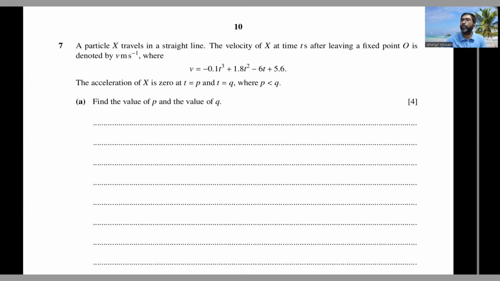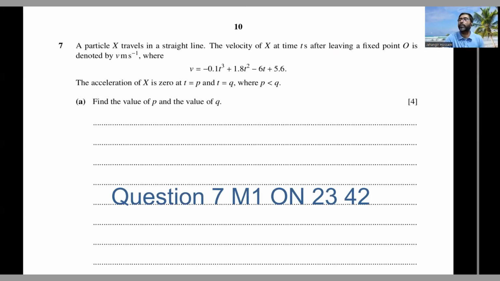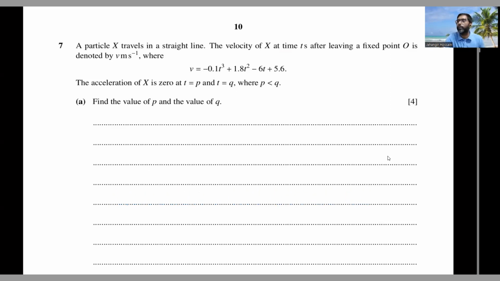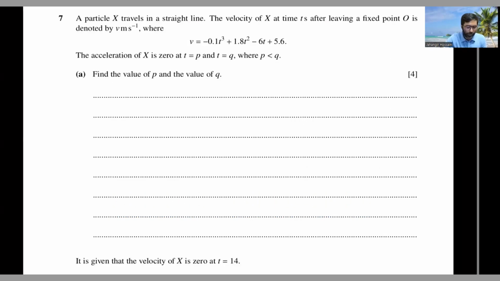In question 7, we have a particle X that travels in a straight line. The velocity of X at time t seconds after leaving a fixed point O is denoted by v meters per second, where v equals this cubic equation.